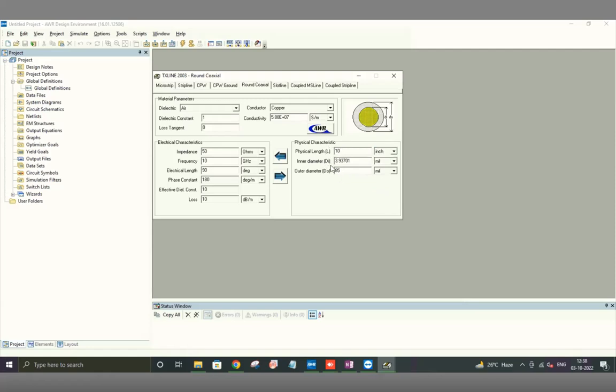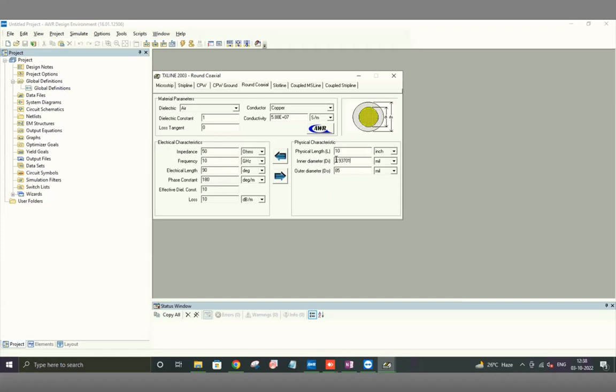Physical length doesn't matter for the characteristic impedance calculation. It only affects the electrical length. It tells you that if you make a physical line, how long it needs to be physically for a particular electrical length to be obtained at that specified frequency. That's why the frequency number is here as well.